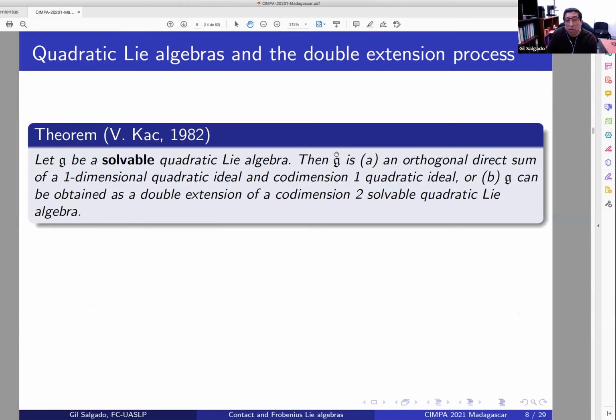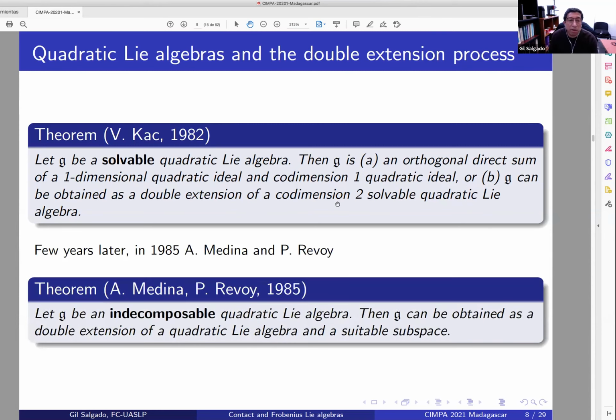The first one is that G can be decomposed as an orthogonal direct sum of a one-dimensional quadratic ideal and one codimension 1 quadratic ideal. Or if G is indecomposable, then G can be obtained as a double extension of a codimension 2 solvable quadratic Lie algebra.